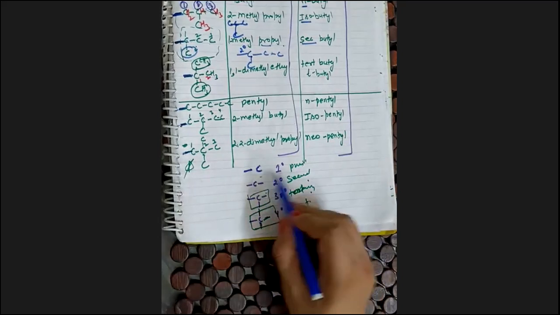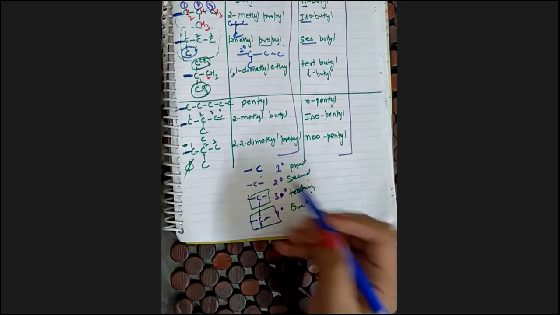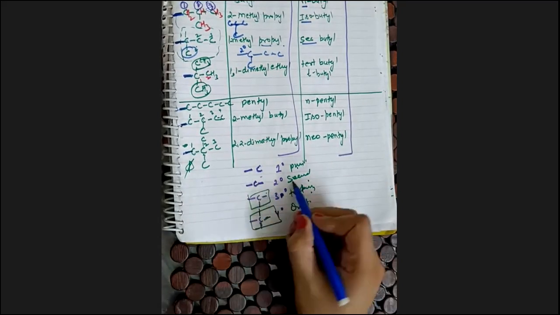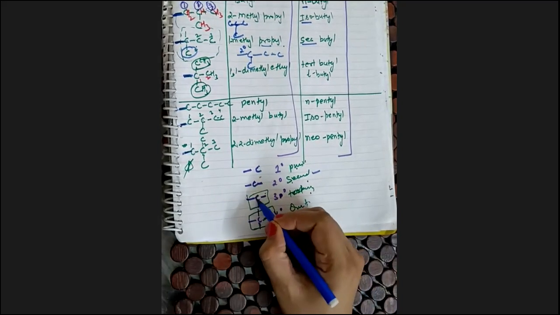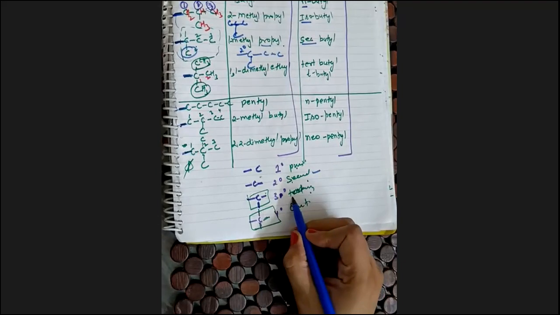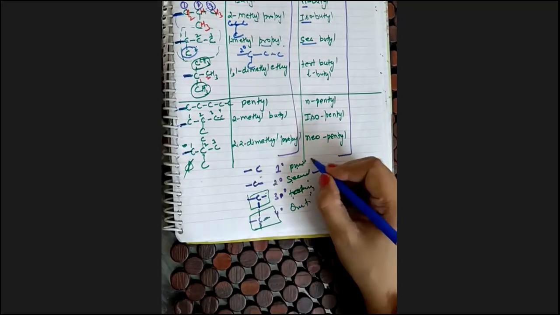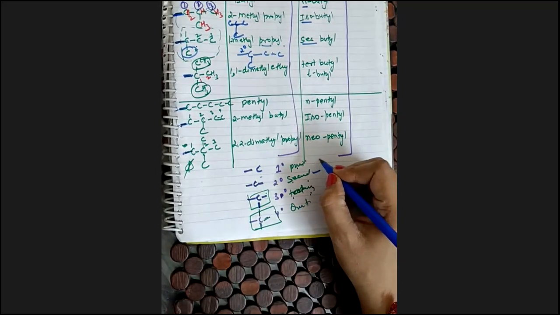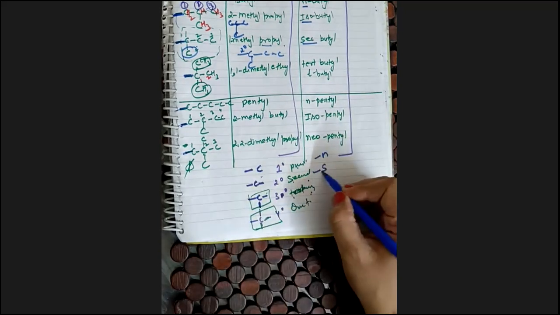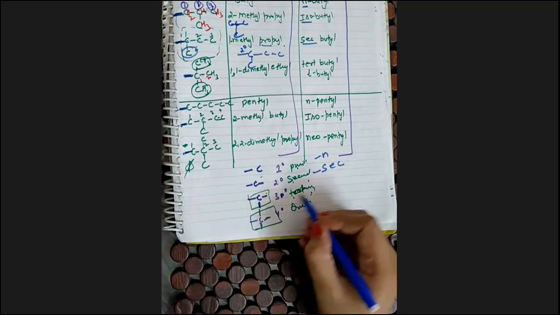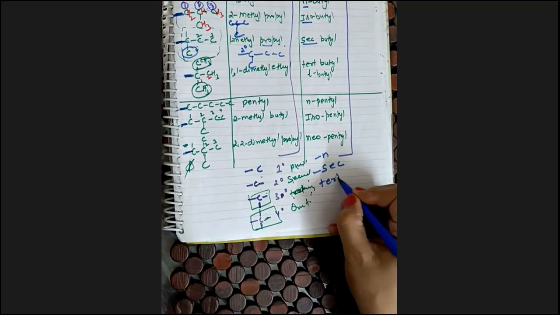See, this is secondary, for 1 degree carbon. Carbon from both the sides, 2 degree carbon, this is known as secondary. Carbon from 3 sides, this type of arrangement is known as tertiary. So for primary, we just write something simple, like N, we use N. For secondary, we use sec. For tertiary, we use tert.